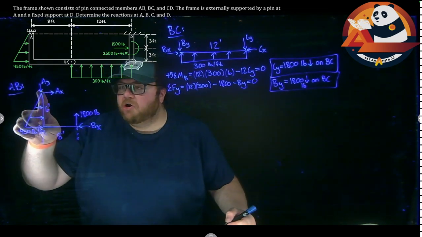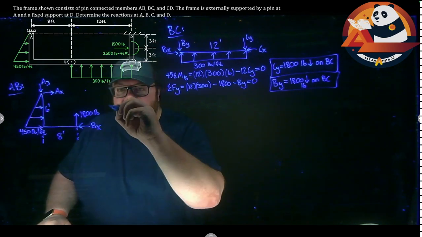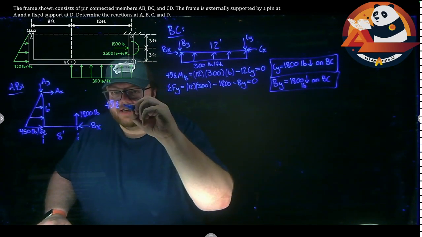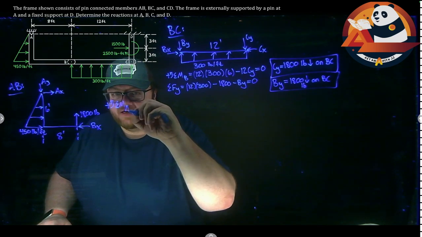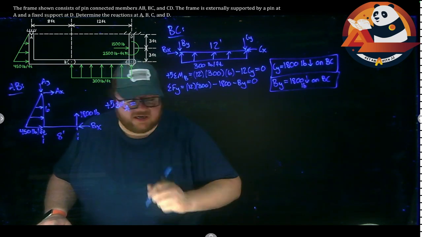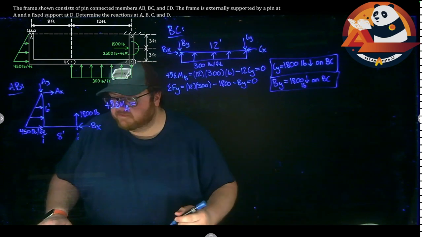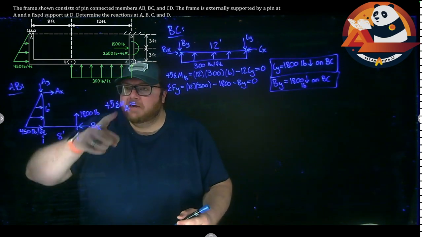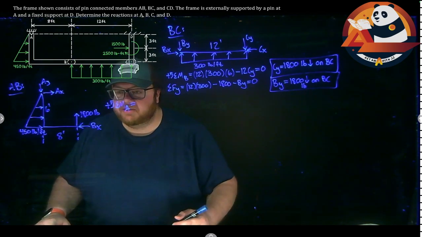Let's go ahead and do moments about point A to start out. With positive going counterclockwise, summing my moments about point A, I have my 1,800 BY, which will cause a counterclockwise rotation.